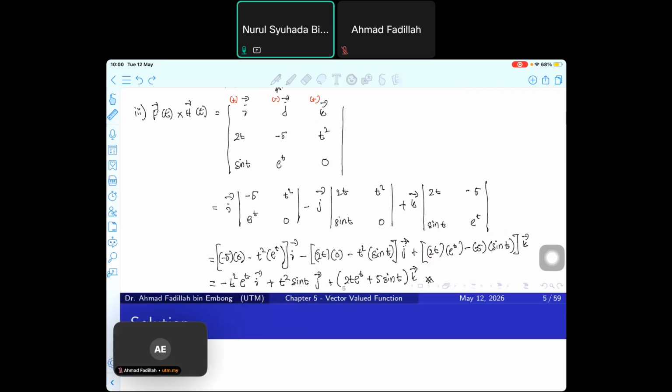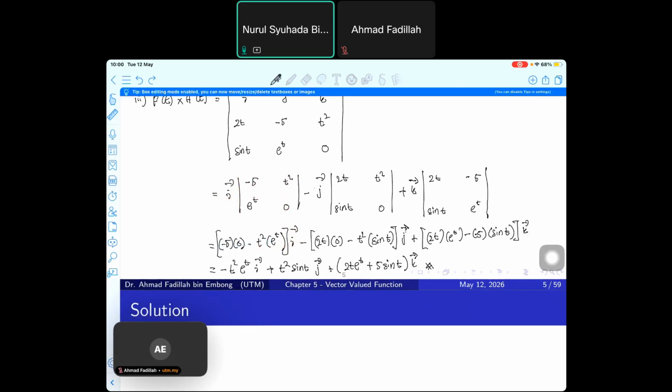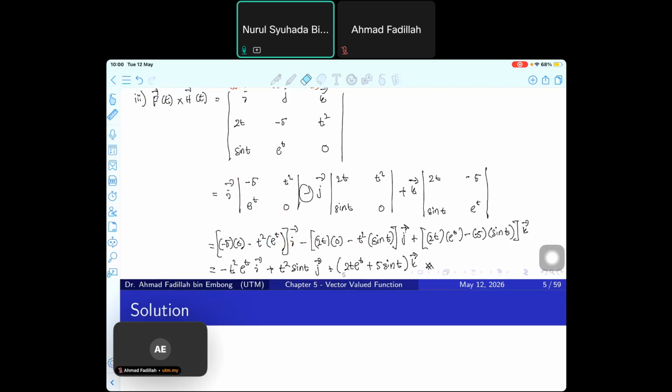Expand this matrix like you calculate the determinant: multiply here and then minus this one. So I have negative 5 multiplied by 0, and then minus, don't forget that one, t squared multiplied by e^t. So we have t squared multiplied by e^t. This ij is coming from here. Okay, do the same process with the next component. I just copy negative.